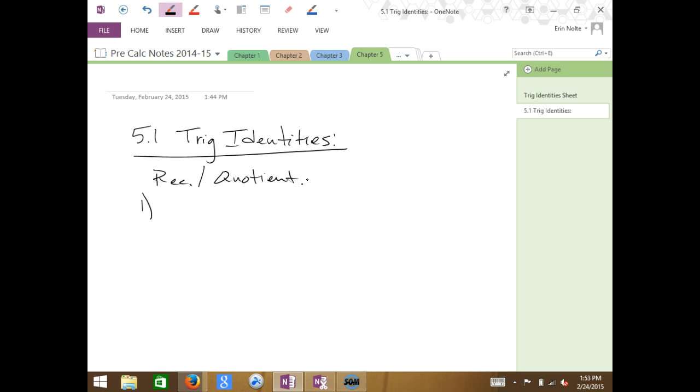In the middle, this one has your reciprocal identities. I hope that does not look too new to you. Sine is equal to 1 over cosecant. They're reciprocals. Cosine is the reciprocal of secant, and tangent is the reciprocal of cotangent.